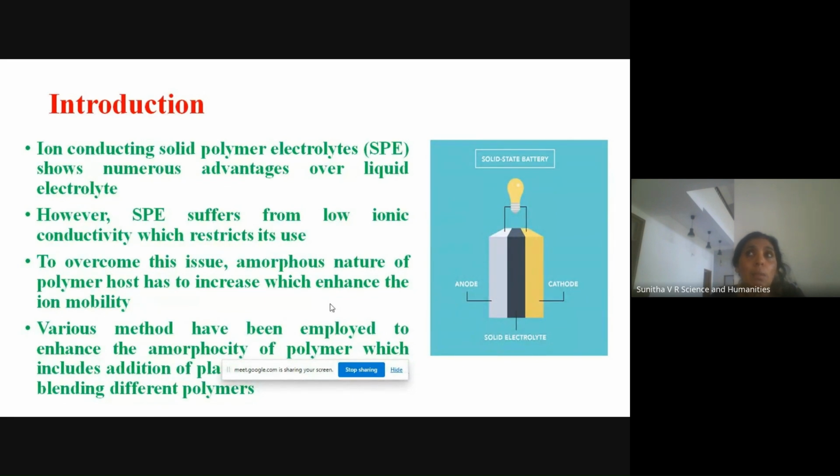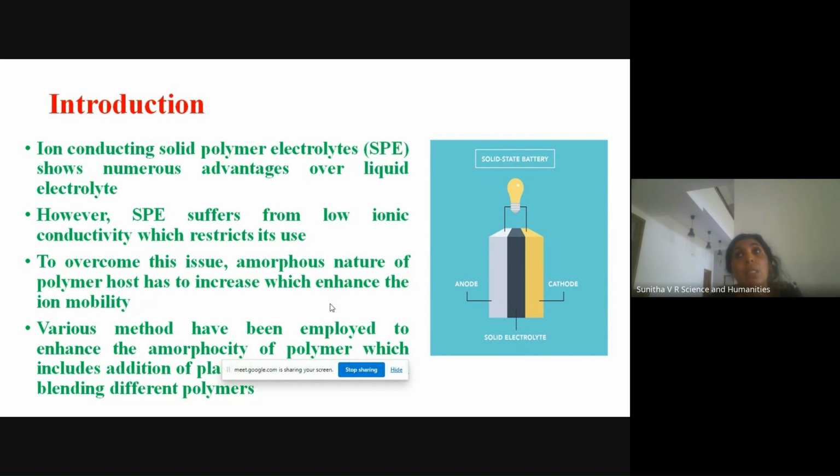This is because polymer electrolytes have a limitation: their conductivities are not very high. So what we can do is improve the conductivity of solid polymer electrolytes. There are various methods we can use, like blending the polymer electrolyte systems with nanofillers, or mixing with different polymers, or using plasticizers.